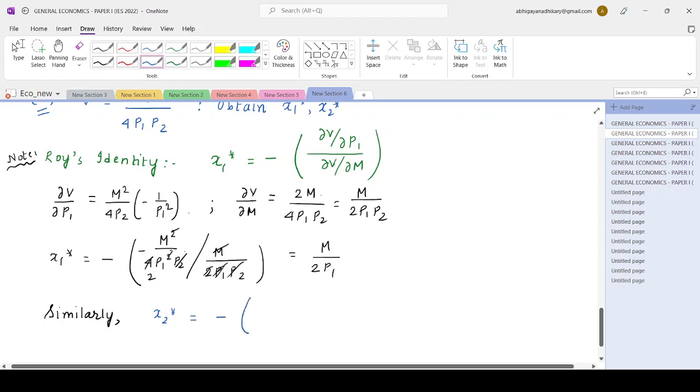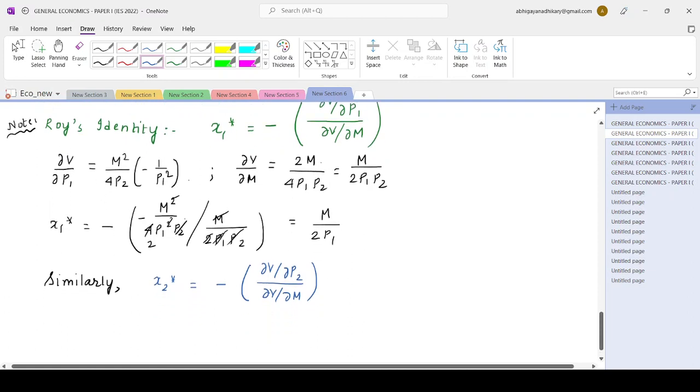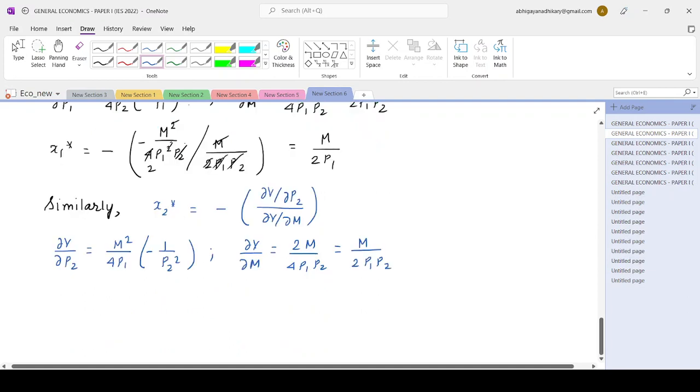The denominator will remain intact, the numerator will be partial derivative of v with respect to p2, right? So del v by del p2 will be m square by 4 p1 times minus 1 by p2 square, and del v by del m will be 2m divided by 4 times p1 p2, so that is m divided by 2 times p1 p2.